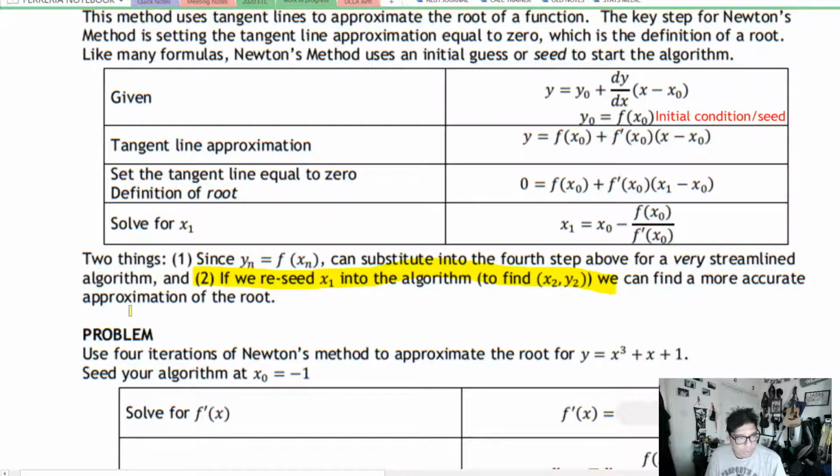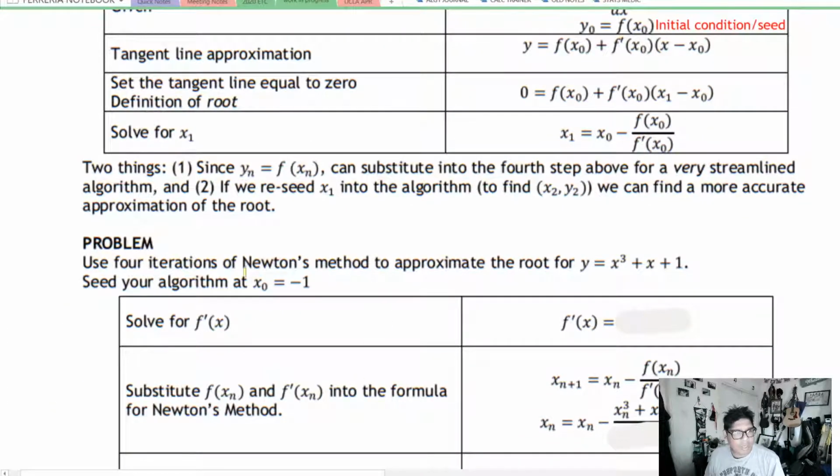So that's really interesting. In practice, we're just going to keep on reseeding until we have something where our accuracy level doesn't change. So let's see. Let's use this. We're going to use 4 iterations of Newton's method to approximate the root of the function x cubed plus x plus 1.